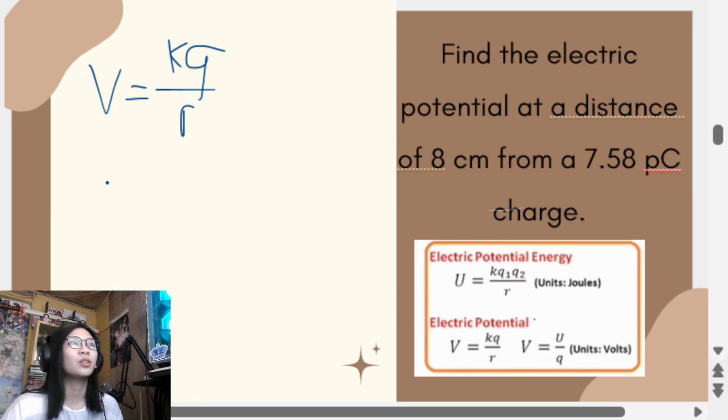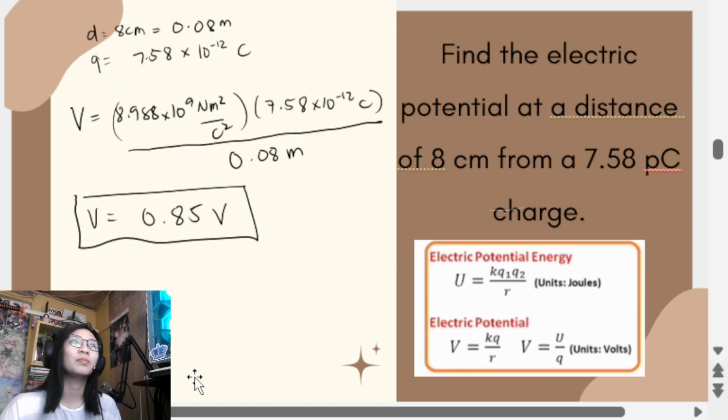If we are to write it down or solve it, it will be like this. Remember that our distance is 8 centimeters. So you need to convert it first into meters before putting it in our formula. So that is our K, 8.988 times 10 raised to 9.